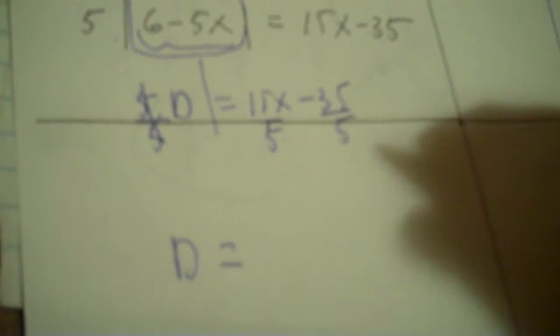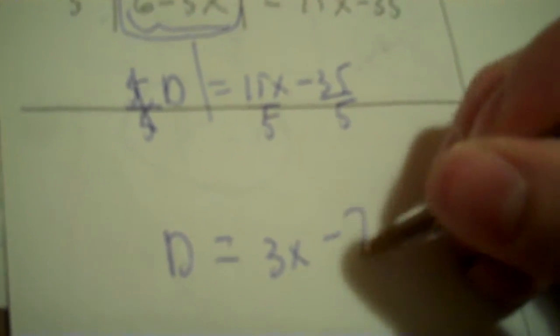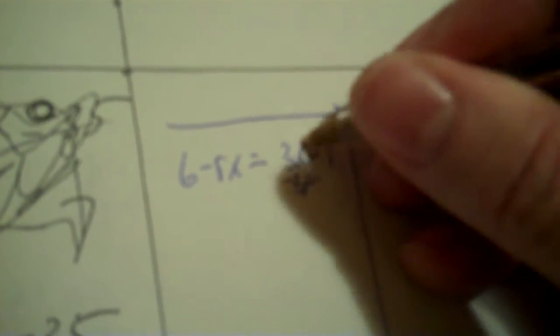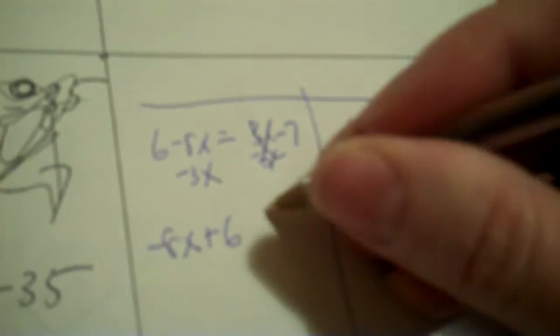So d is equivalent to 3x minus 7. So 3x minus 7 and then negative 3x plus 7. So you minus your 3x from the negative 5x. So that's going to give you negative 8x plus the 6 equals negative 7. Then I minus the 6, negative 14.